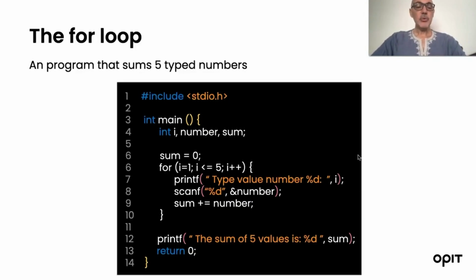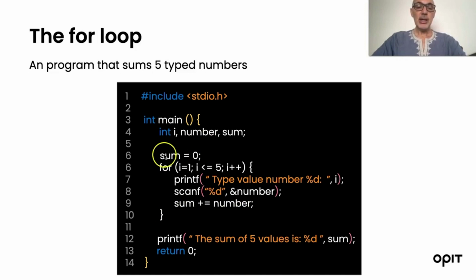Here we have another program that sums 5 typed numbers. We ask the user to type 5 numbers, and then we give the sum of all these values. I have the i that is used in the for, I have the number that is typed by the user, and then I have the sum, which represents the variable in which I'm going to sum all the different numbers.